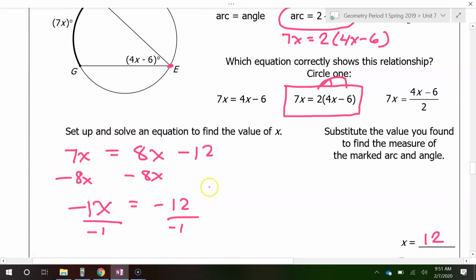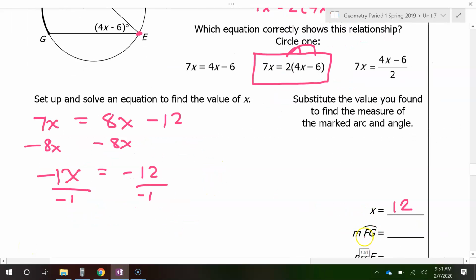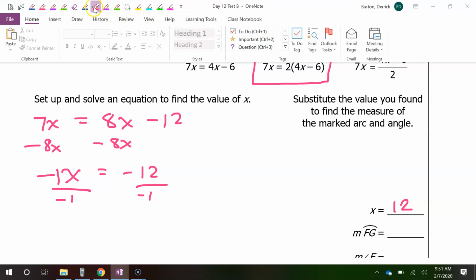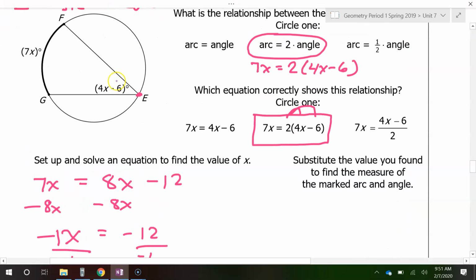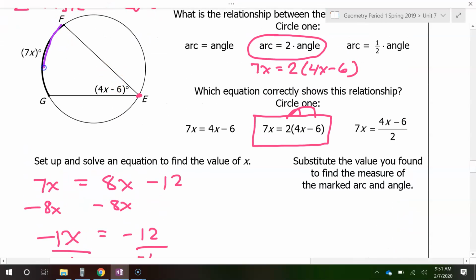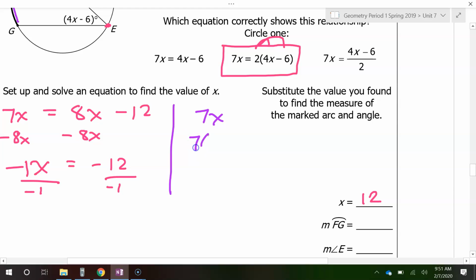So now we want to find the measure of arc FG. And we know that arc FG is the 7x. Okay, so that's just going to be 7 times 12.